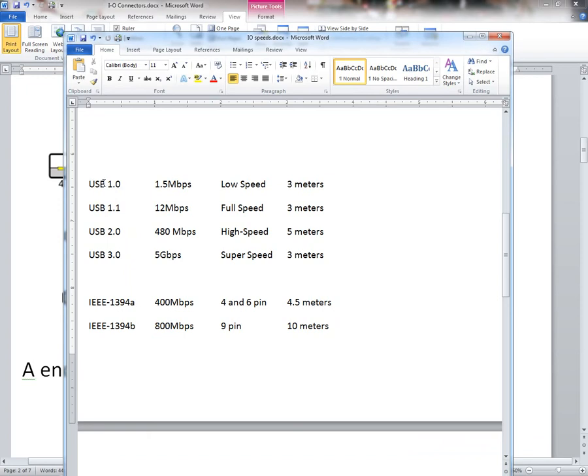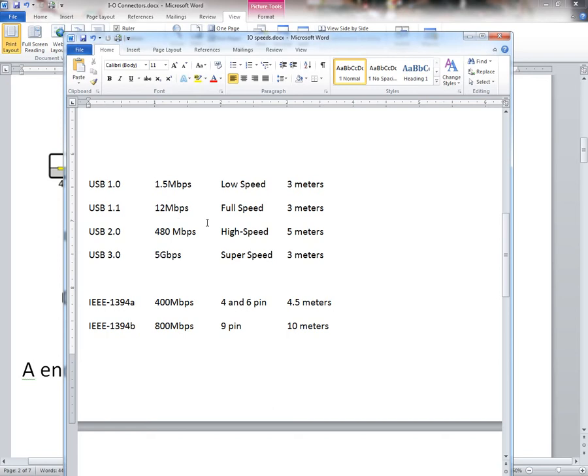So 1.0 came out in, I believe it was the early to mid 90s, and it's 1.5 megabits per second. It's considered low speed, 3-meter cable length. It was not very heavily adopted at all. You really didn't see USB until 1.1 came out, and really the reason behind that was there's a lot of bugs in it. So after they fixed a lot of the bugs, they pushed 1.1, and that's what most people are familiar with.